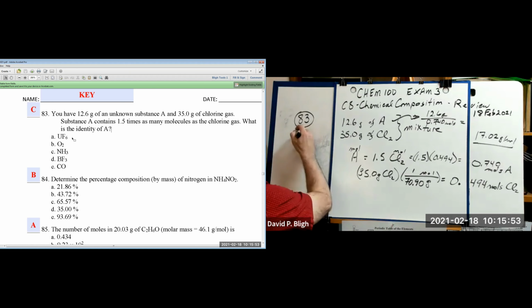So your choices are A, uranium hexafluoride, oxygen gas, ammonia, boron trifluoride, and carbon monoxide.